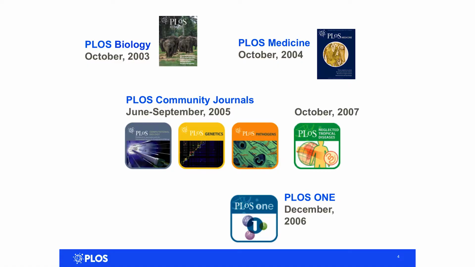Okay, and as you saw, this is a little bit different presentation, but it's basically the same information, how the journals came to be. The main difference among these journals is PLOS Biology, PLOS Medicine are sort of the most selective of the journals.